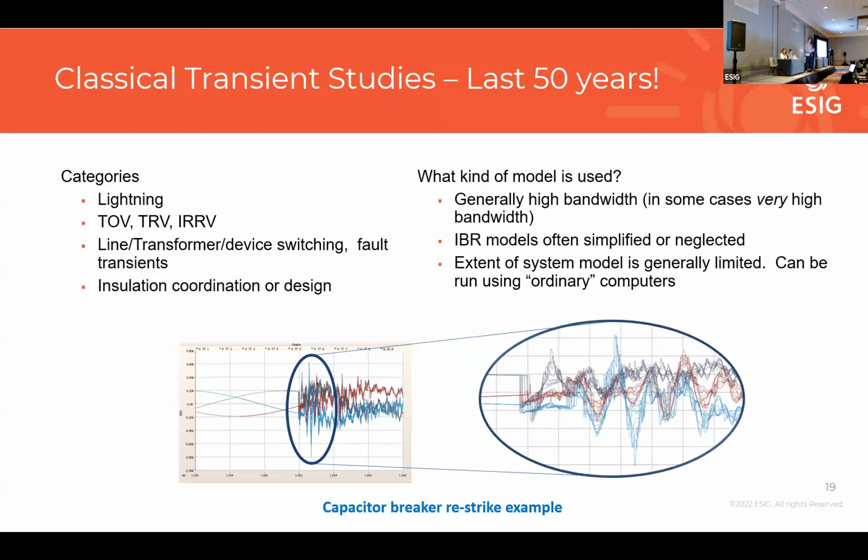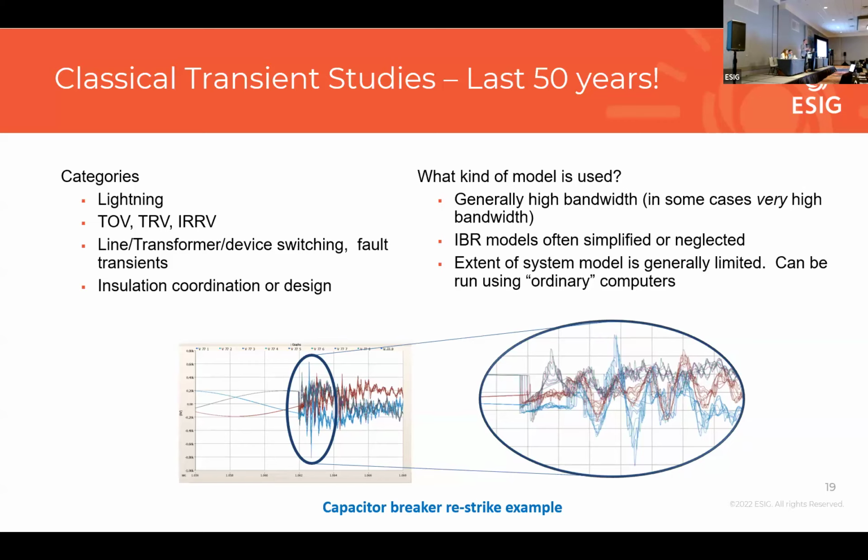So, classical transient studies, the original motivator for EMT, where you have studies like lightning, switching, fast transients, transient recovery, temporary overvoltage, energization types of studies, insulation coordination and design.